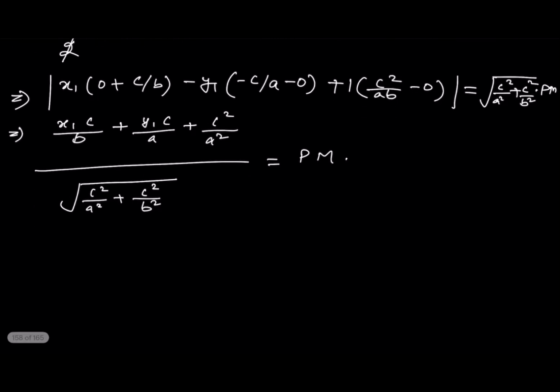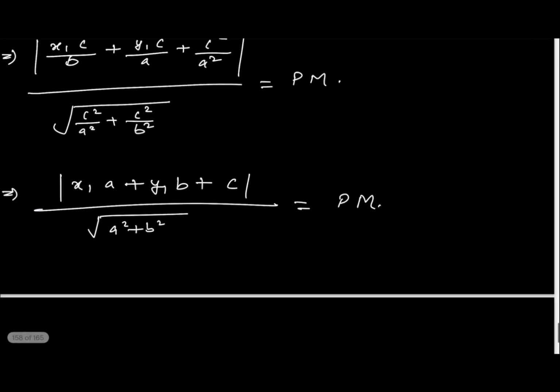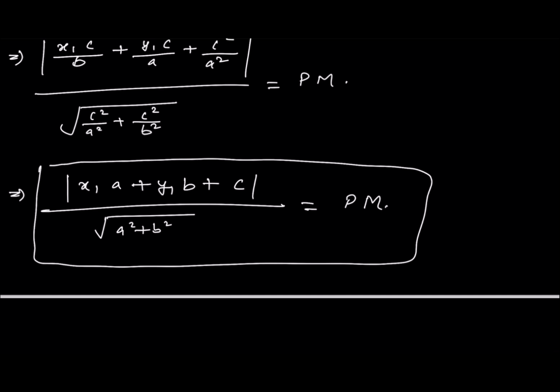Okay, and after taking c common from numerator and denominator, c cancels out, and taking LCM, this will be mod of x1a plus y1b plus c upon root over a square plus b square is equal to PM, and which is the required proof, okay.